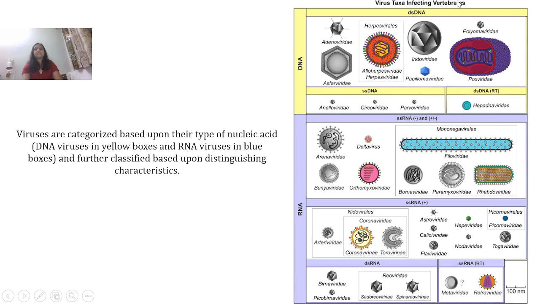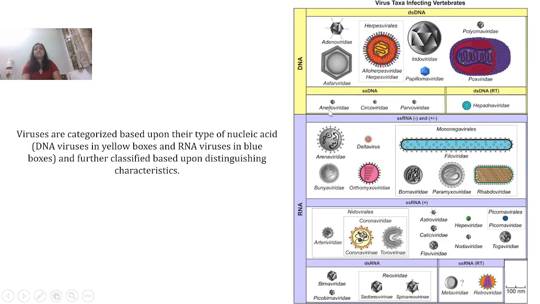Virus taxa infecting vertebrates, for example double-stranded DNA, include Adenoviridae, Asfarviridae, Herpesviridae, Papillomaviridae, Iridoviridae, Poxviridae. All these viruses are DNA viruses having double-stranded DNA in their genome, so they belong to class 1.